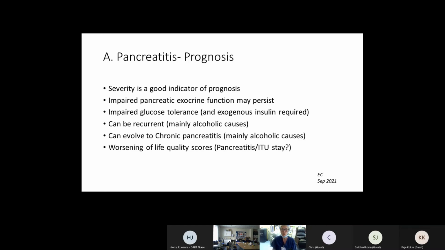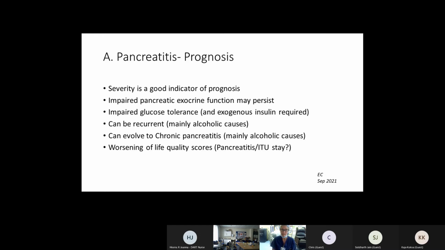Very frequently, acute pancreatitis is recurrent, especially in alcoholic causes. And it could evolve to chronic pancreatitis, again mainly in alcoholic causes, and this could be related to the ongoing aggression to the pancreas.